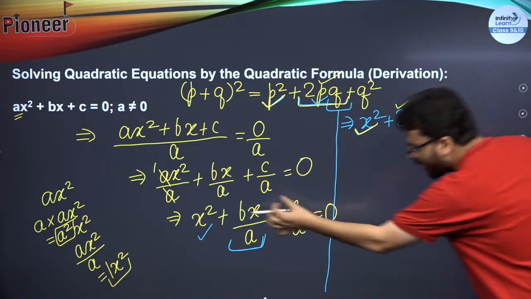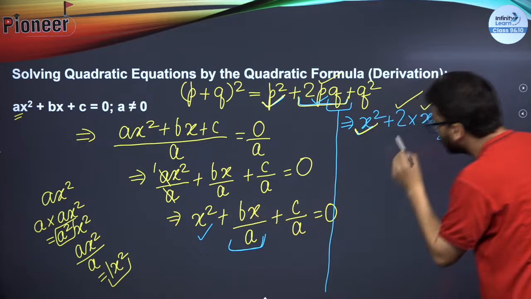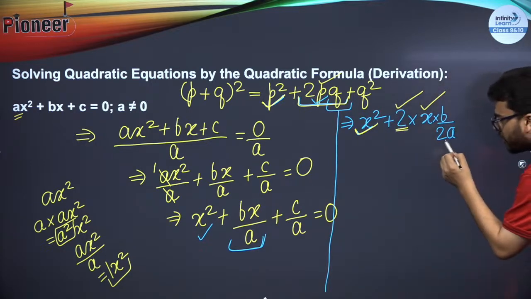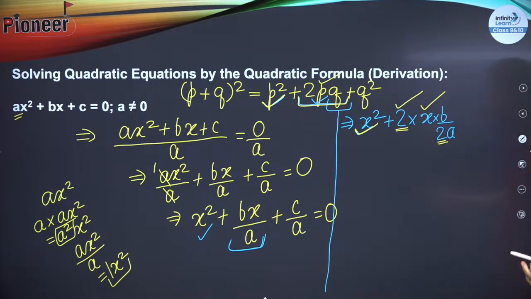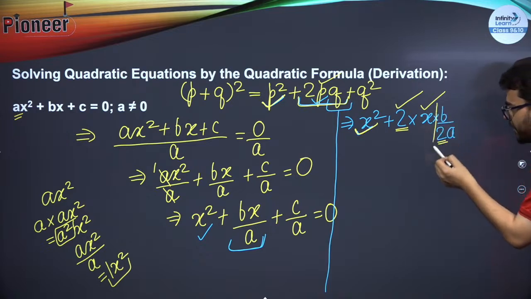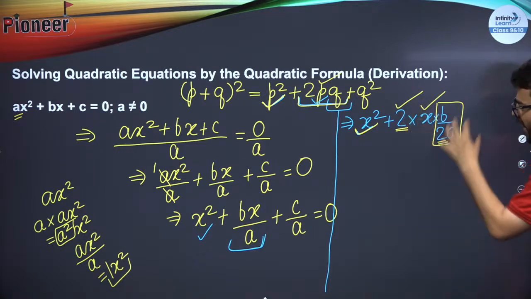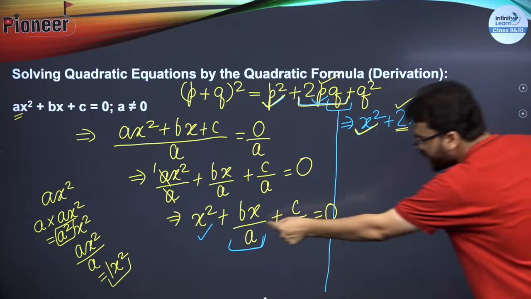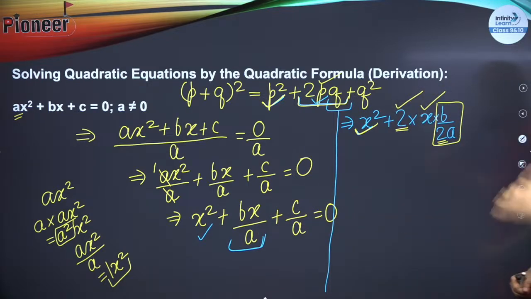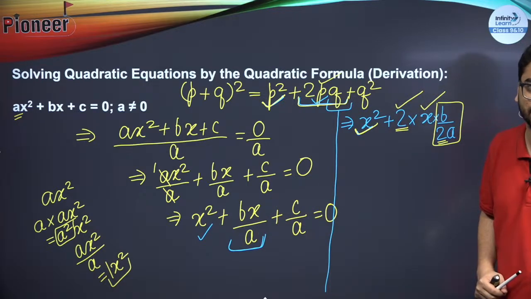Now what will be left over here? I have written 2 on my own, so I have to divide by 2 as well. So I will be left with b upon 2a, because if you simplify this, you will get bx upon a. You cannot change the mathematics.